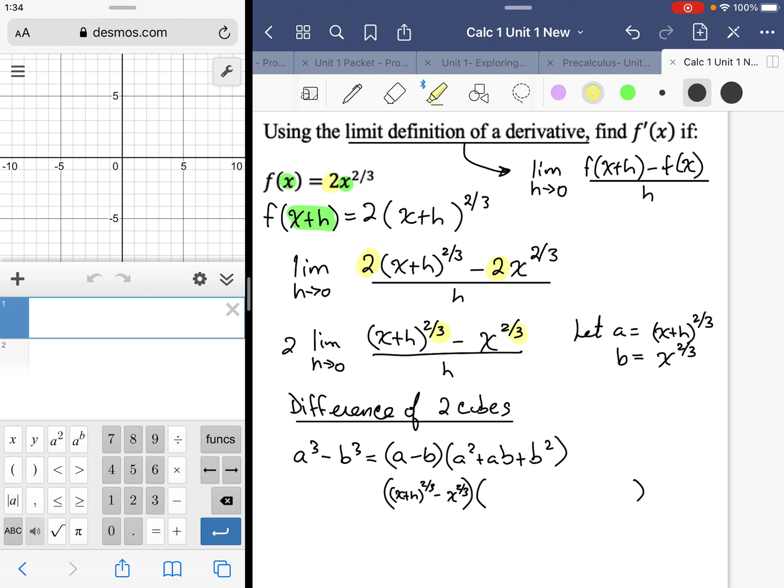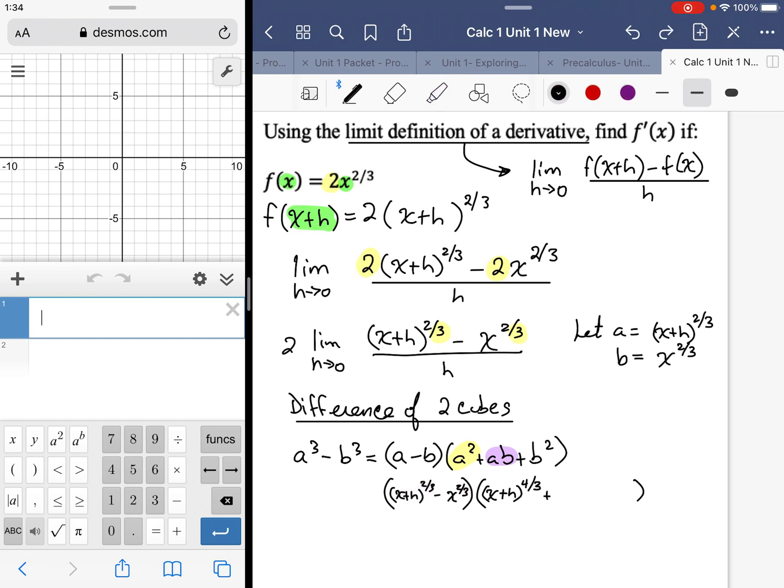So we would just square the a value. So if we square this, all you would be doing is multiplying the exponent by 2. So x plus h to the 4/3 plus, and we need this term, which is just the product of these two.